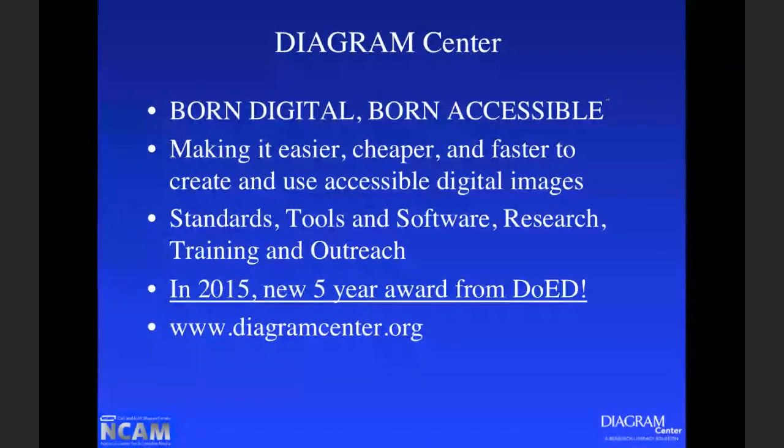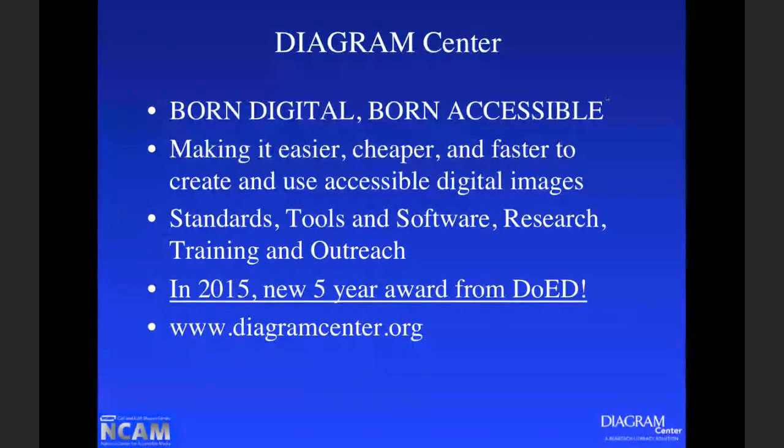So I'm representing sort of two groups. The primary group is the Diagram Center, which is a Department of Ed funded center. It's a partnership between Benetech and the National Center for Accessible Media at WGBH and the U.S. Fund for DAISY. And the mission of the Diagram Center, very simply, is to make it easier, cheaper, and faster to create and use accessible digital images.